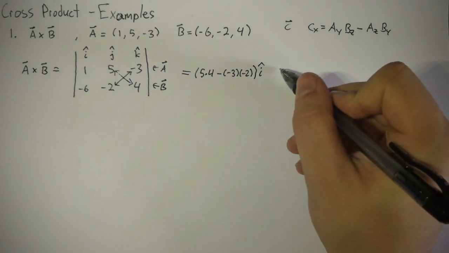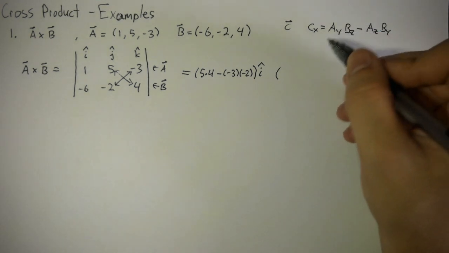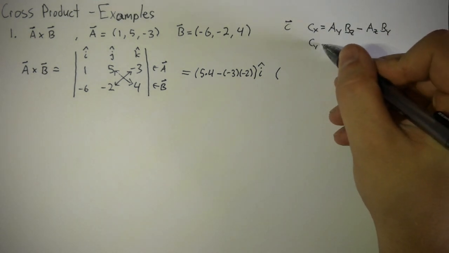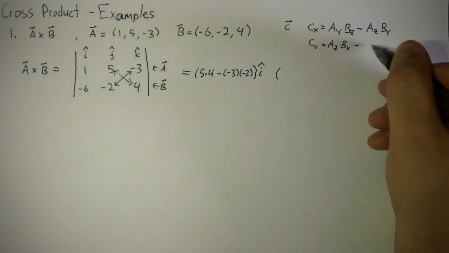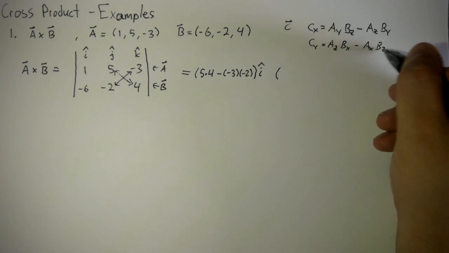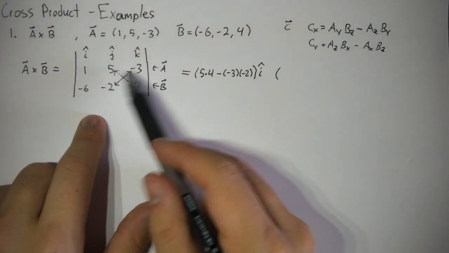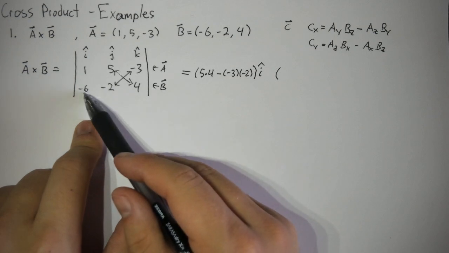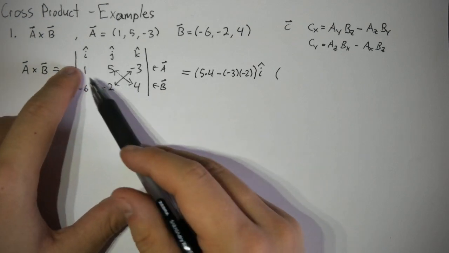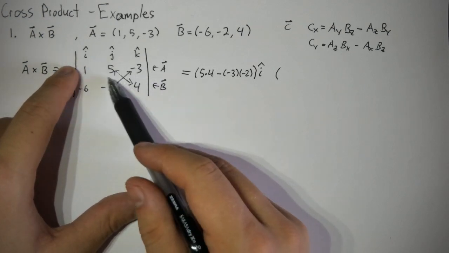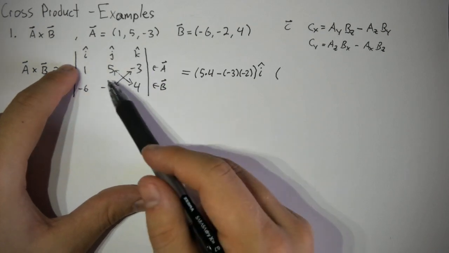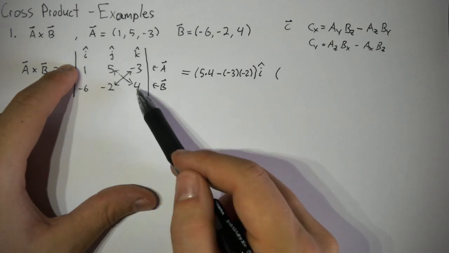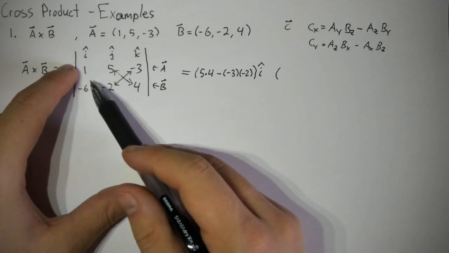Now for this J component, remember the Y component is AZ BX minus AX BZ. So AZ is this one multiplied by this one, but this is backwards to what we just did. We did 5 times 4 minus -3 times -2. This one would be -6 times -3 minus 4 times 1.